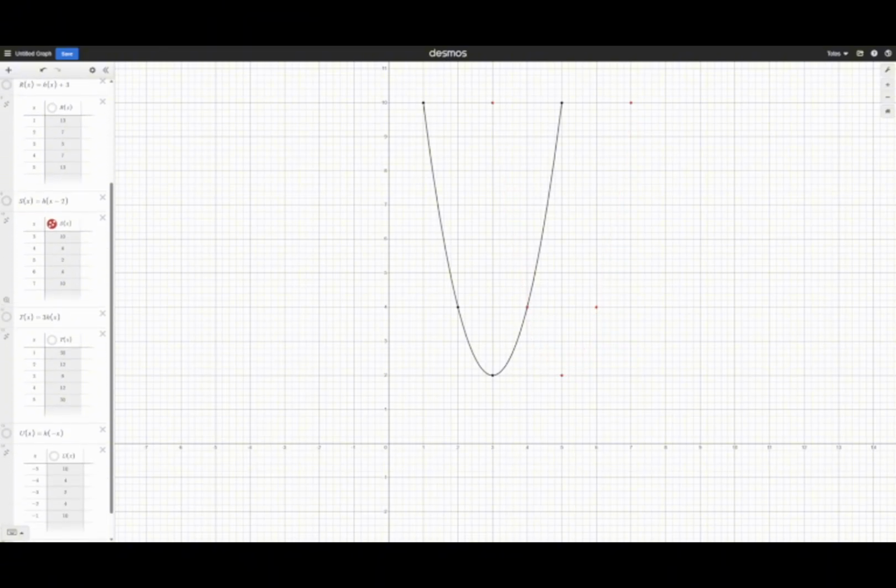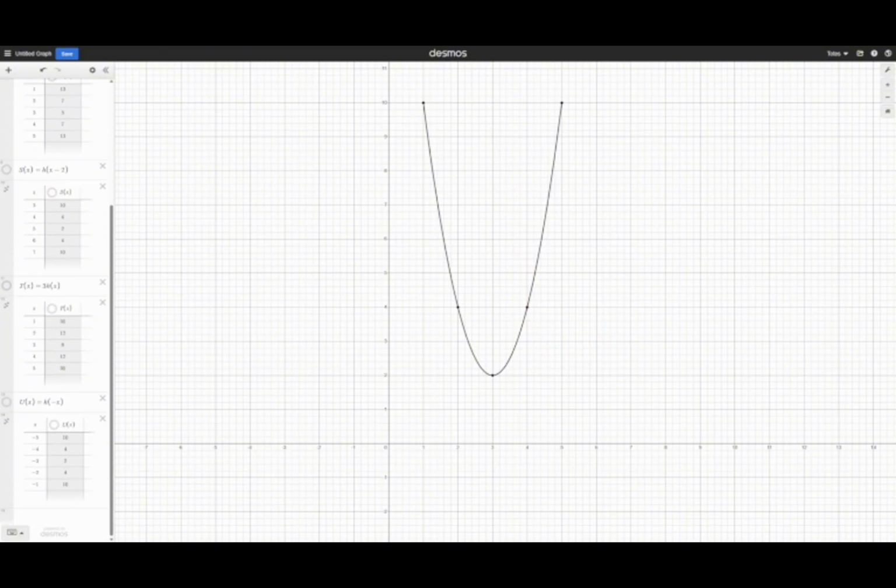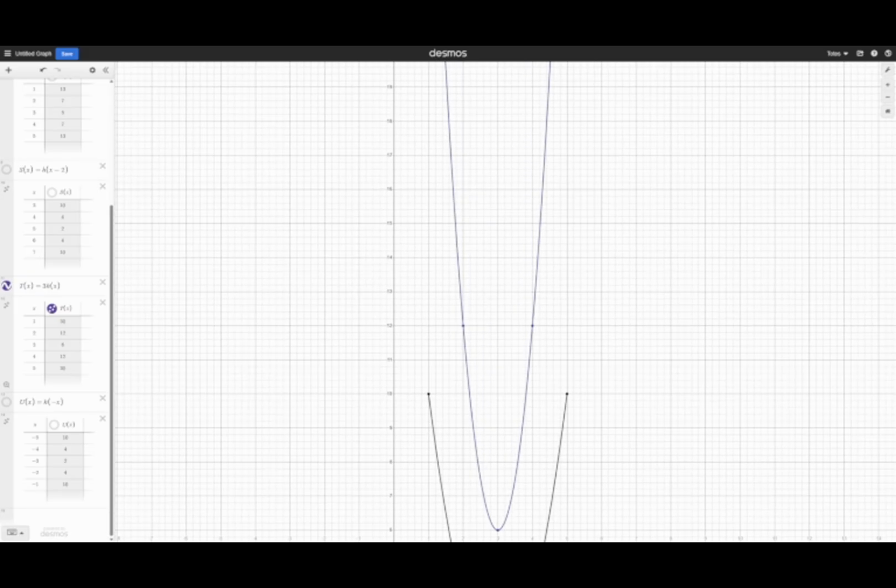If we go down to the t, we stretched vertically by a factor of 3, so each of our y values multiplied by a factor of 3.